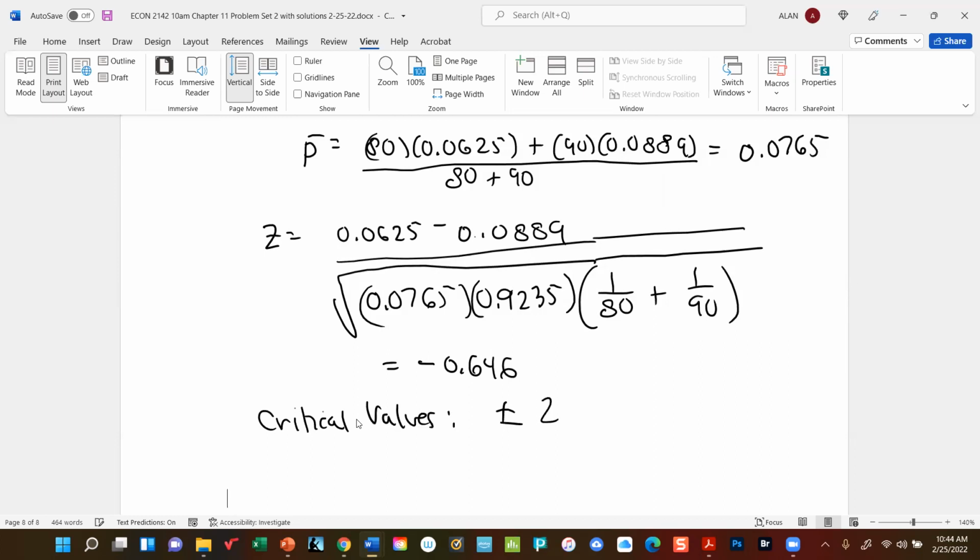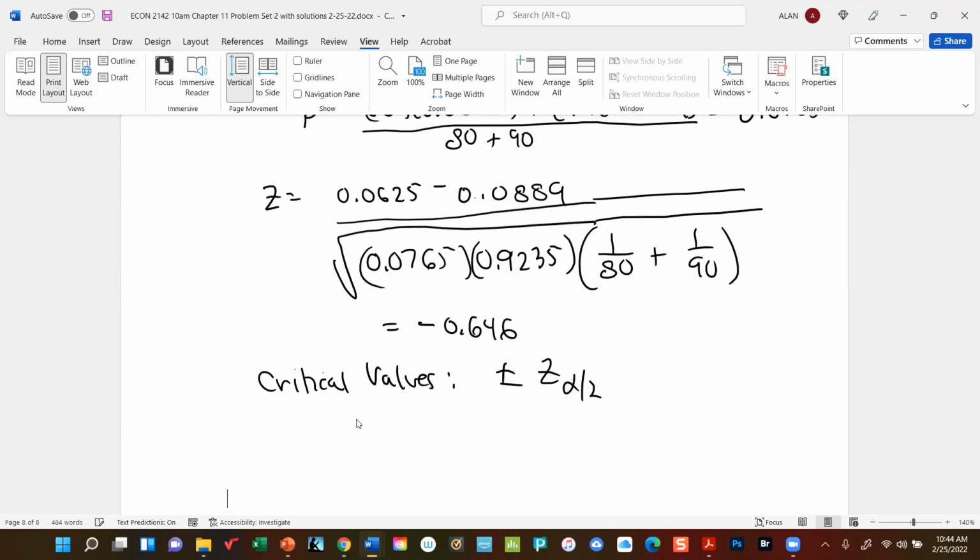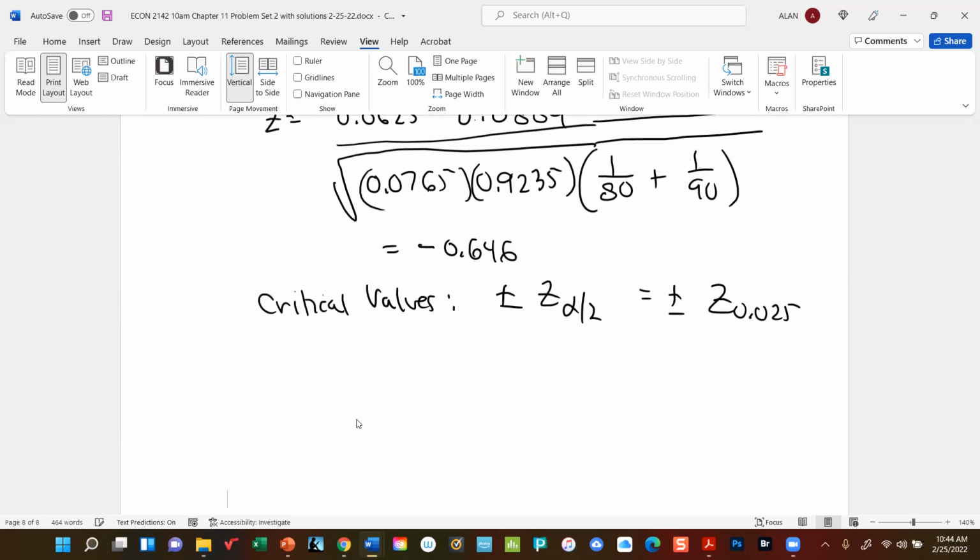And as usual with the standard normal, it's just plus and minus z alpha over 2. Alpha is 0.05 in this case. So what we're looking for, and we can do this either with the tables or that special function, INV norm.